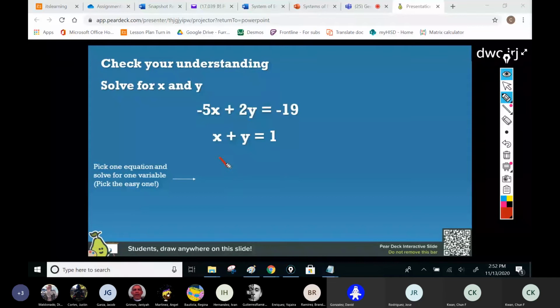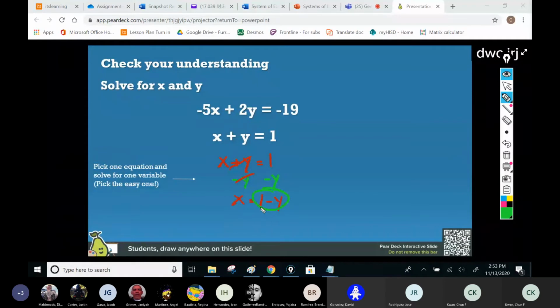So I'm going to solve for one variable on the second equation. It really doesn't matter which one you want to solve for, either x or y. They're pretty much the same. So I'm going to solve for x. That means I have to do a minus y on both sides, and then x equals to 1 minus y.